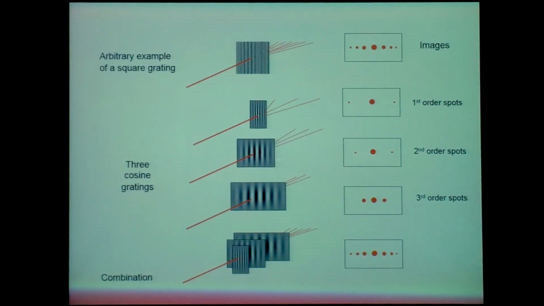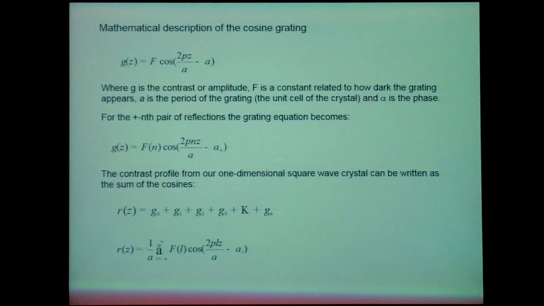Now that's the visual idea of it. This is what it looks like in reality. And this is basically the explanation of what a diffraction grating looks like. I'll leave this for you to read. The contrast profile from a one-dimensional square-grained crystal can be written as the sum of cosines.